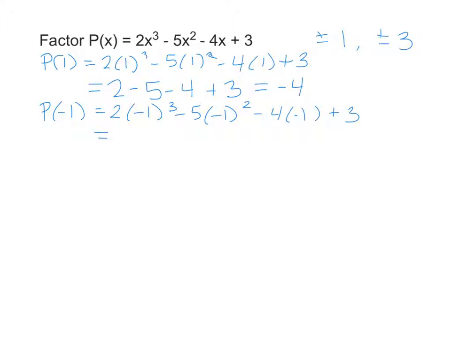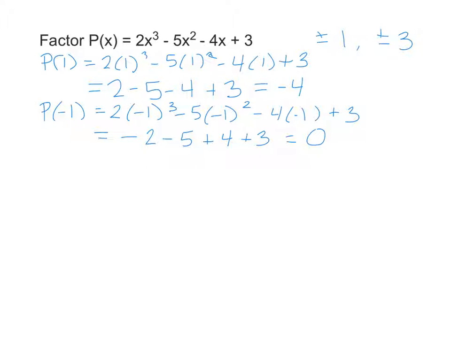So that comes out to, let's see, that's negative 2 minus 5 plus 4 plus 3. What does that equal? 0. So once we have a 0, I'm not going to test the other two numbers. I'm not going to test 3 and negative 3 because I found one of the zeros. Now 3 or negative 3 would probably also work, but I don't need that. I found one of them.